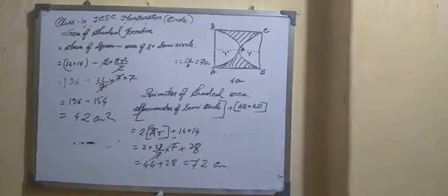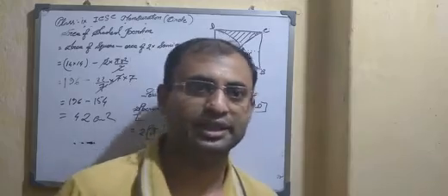Okay, so this is the perimeter of shaded portion.